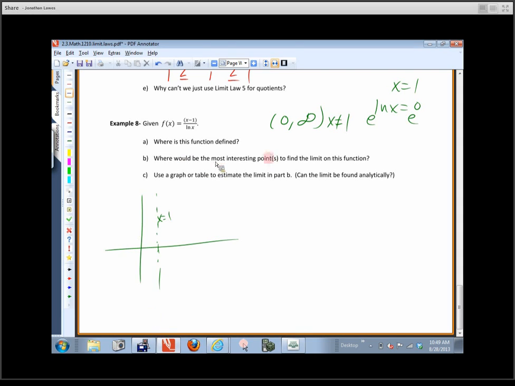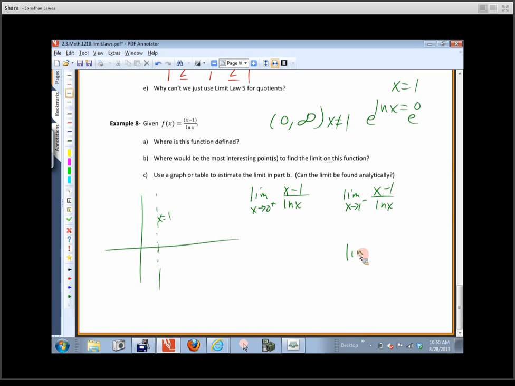So where would be the most interesting point or points to find the limit on that particular function? At x equals 1 and maybe 0. So maybe you'd want to find the limit as x approaches 0 from what side? The positive side. Oops, x minus 1. Maybe you'd want to find the limit as x approaches 1 from the negative side.